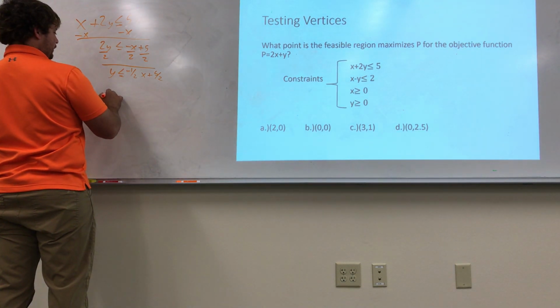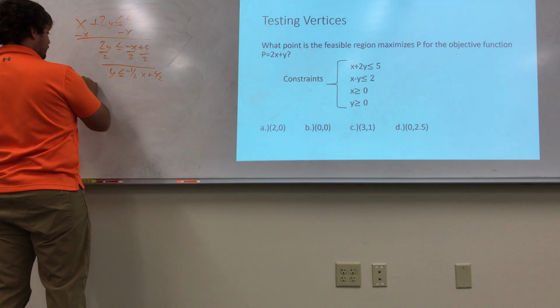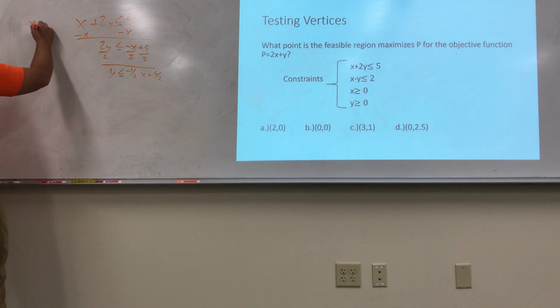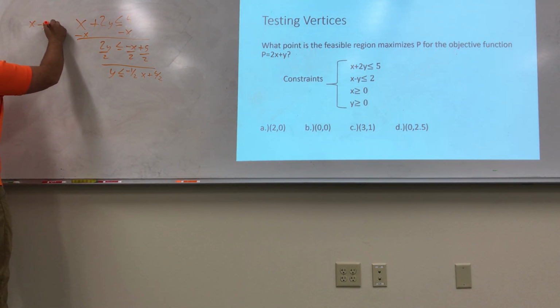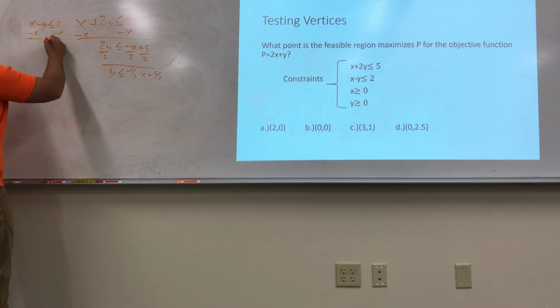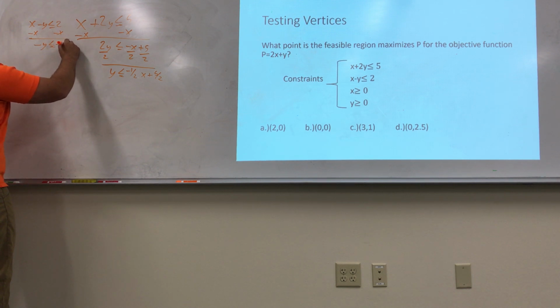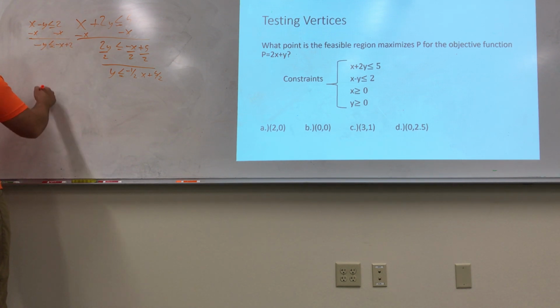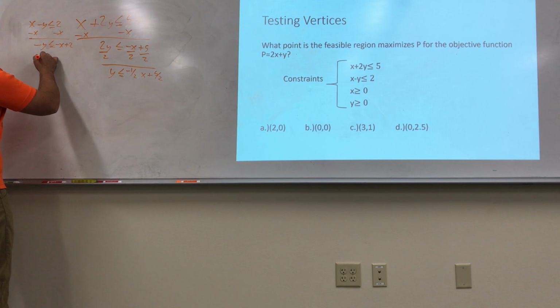The other one: x minus y is less than or equal to 2. Minus x, negative y is less than or equal to negative x plus 2. Then I'm going to divide by negative 1.